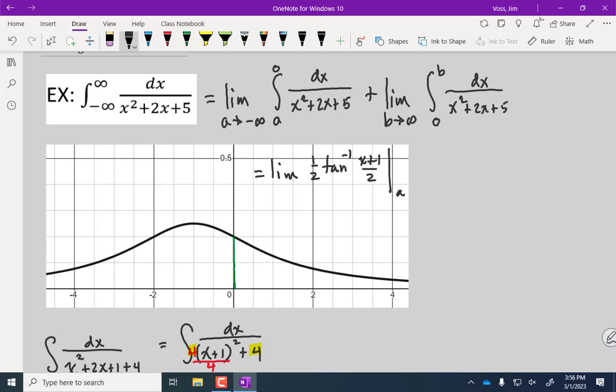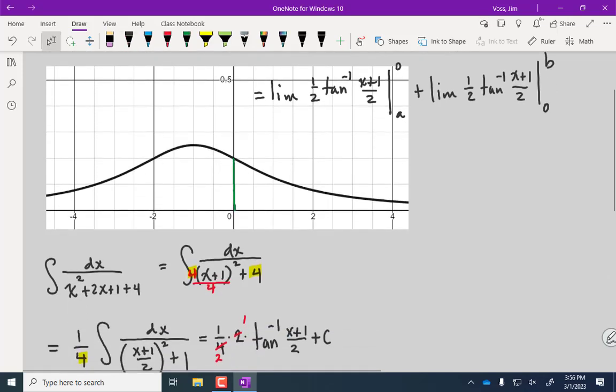This is going to go from a to 0, plus the limit of 1/2 arctangent of x plus 1 over 2, 0 to b. Now we are ready to plug in our limits of integration.